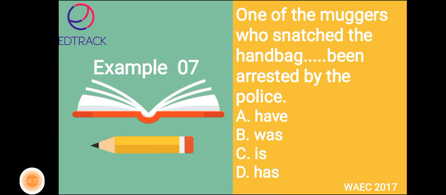Our answer is option D. And you know why? That is because what is going to determine our verb is the pronoun one. It clearly shows that only one among the muggers, only one individual, is being referred to.